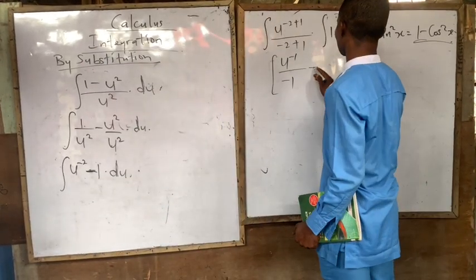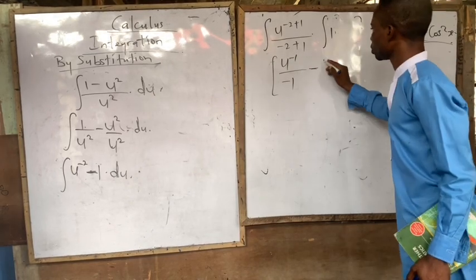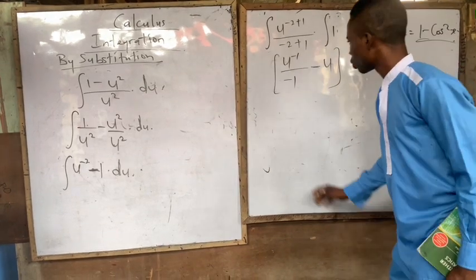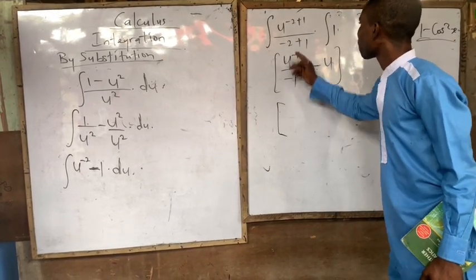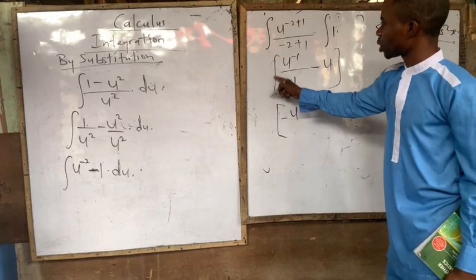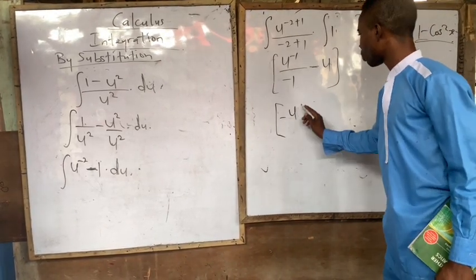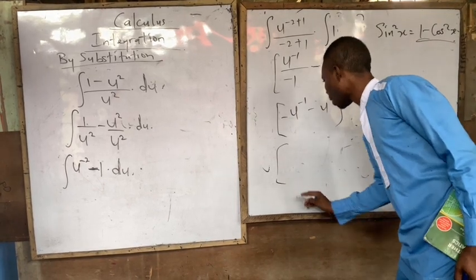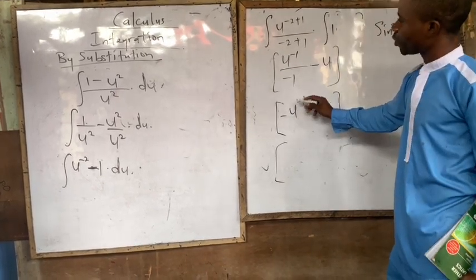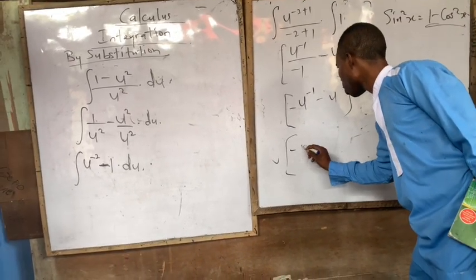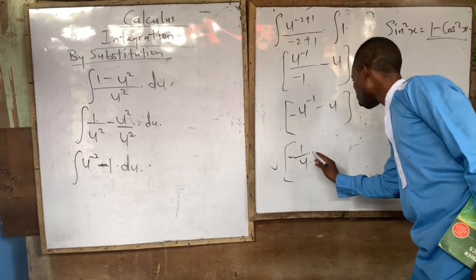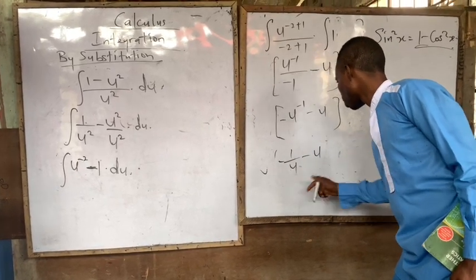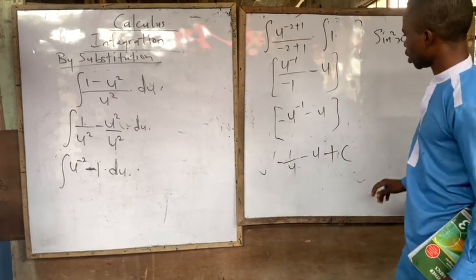And minus, because there's a minus here. That is minus the integration of 1, let me call it u, because we are referring to the letter u. So that means this will be minus u raised to power minus 1 minus u. Lastly, if I apply the law of indices, negative index, that will be minus 1 all over u minus u, plus c.